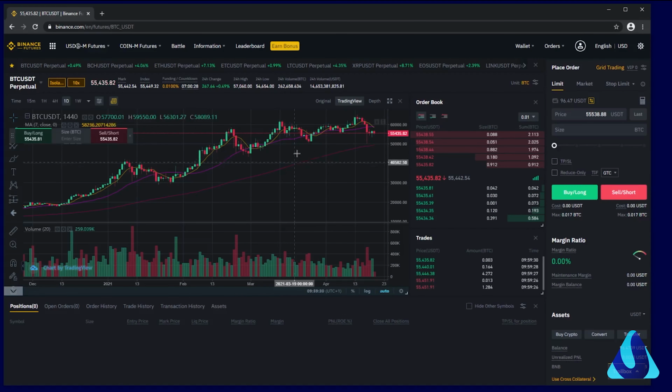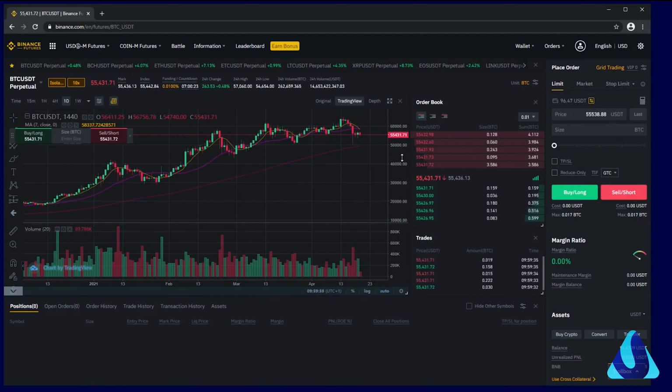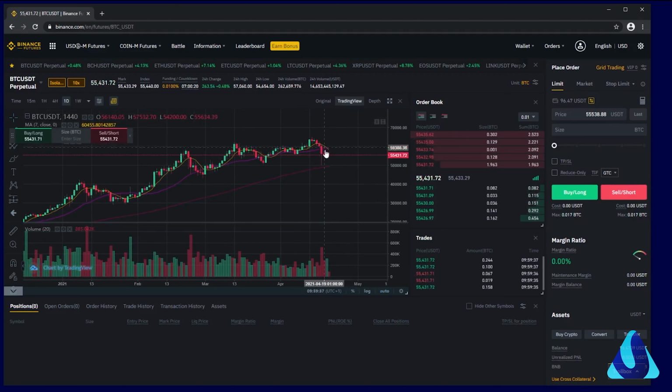So if I go for a long and there is a 1% move, because of the leverage that's a 10% move, so I would gain 10% of the margin that I put up. If I use my full $100 on a trade and was leveraging at $1,000, I would get 1% of that $1,000.